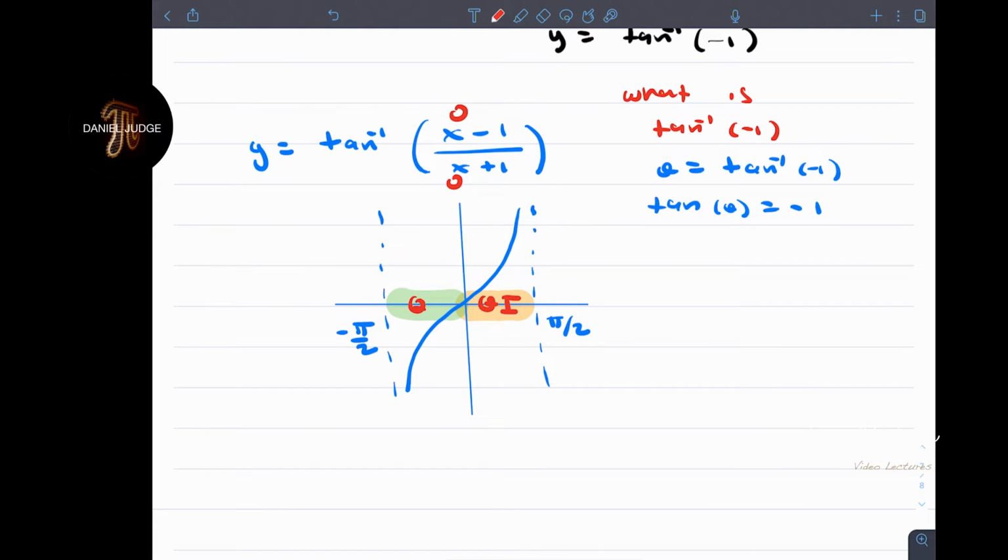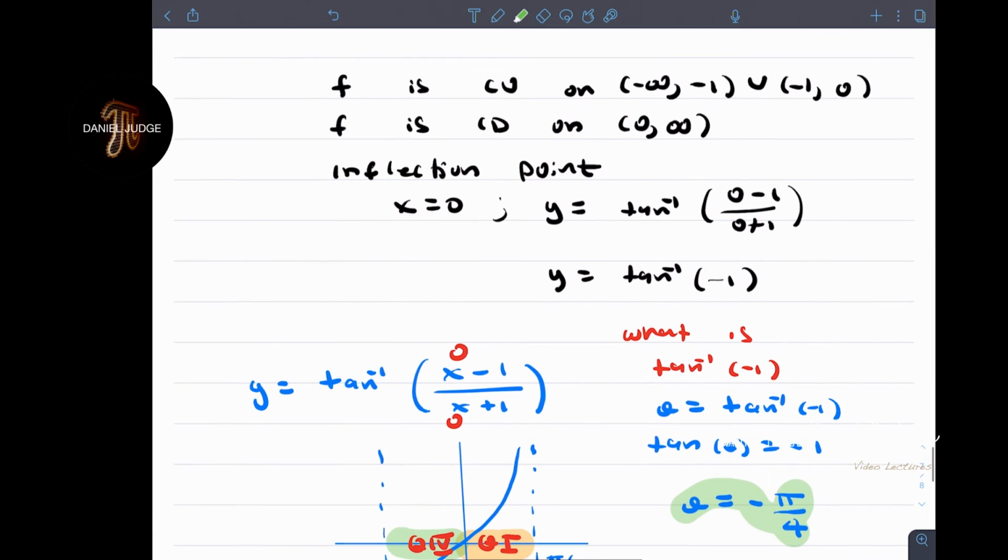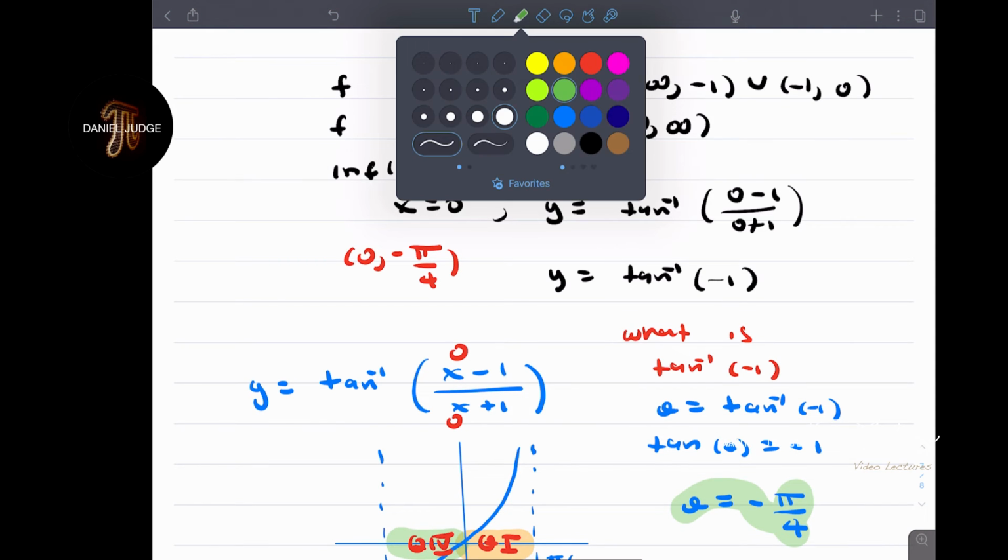Quadrant 1, quadrant 4. Because if you tell me theta is going to be negative pi over 4, that's going to be the correct answer because that's a quadrant 4 angle. This is the green color, quadrant 4. So that's really what the y value is. In other words, you have an inflection point at 0, negative pi over 4. This is what we were looking for.